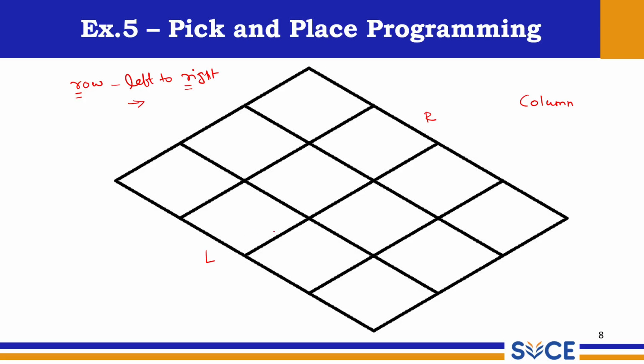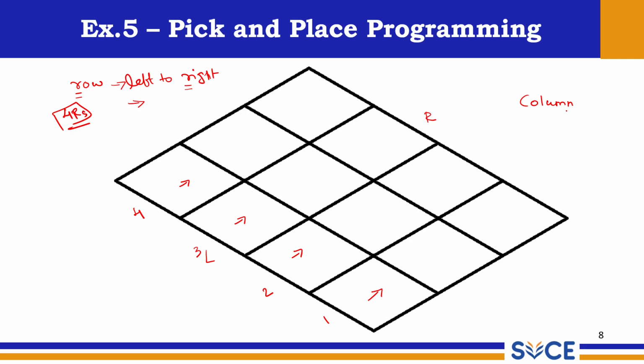Here, this is number 1, this is number 2, this is number 3, and this is number 4. So row number 1, row number 2, row number 3, and row number 4. There are 4 rows over there. So it is easy for us to understand: row means left to right. Now the next thing, column.